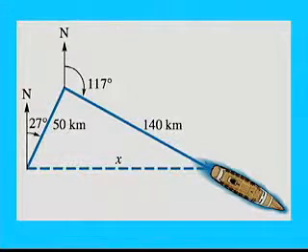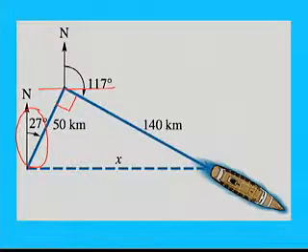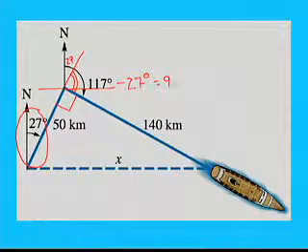And before I move to the board, what I want to show you is that this angle inside the triangle is in fact a right angle. And the reason we know that is we transfer this bearing of 27 degrees up to here. And what that tells me then is that this angle inside here with the double arc would be 117 degrees minus 27 degrees, which gives me 90 degrees.